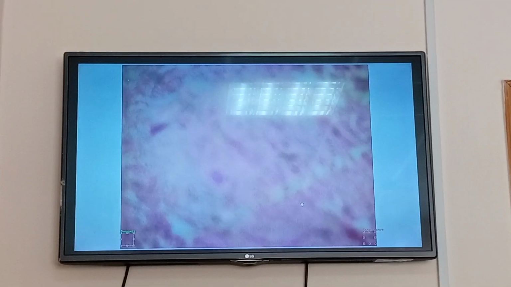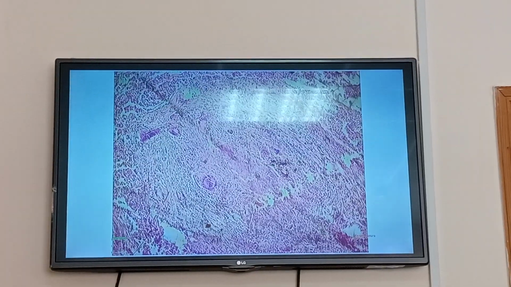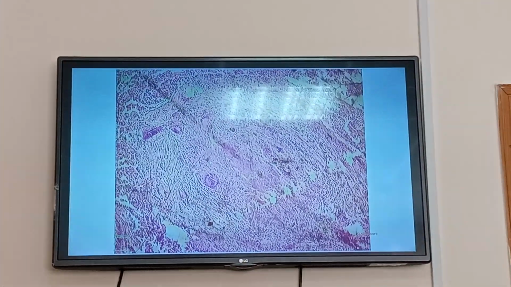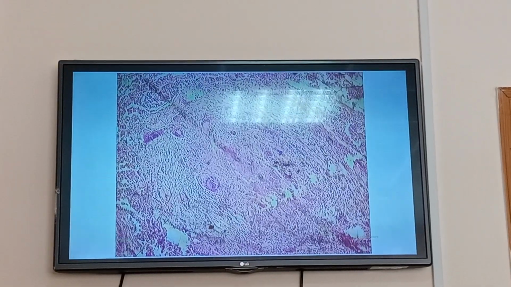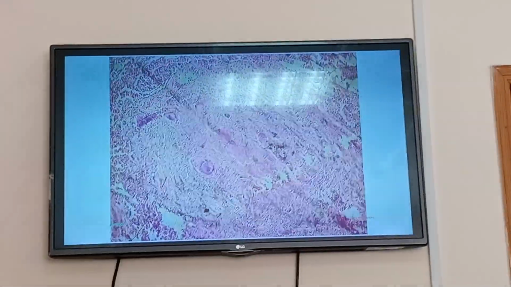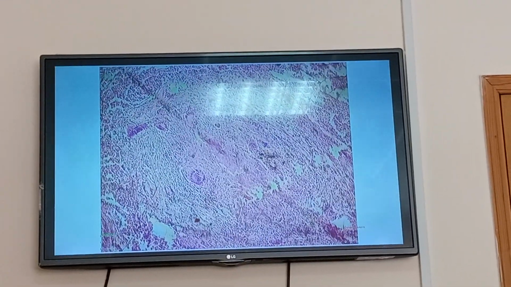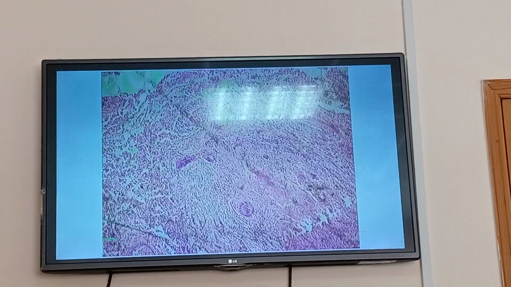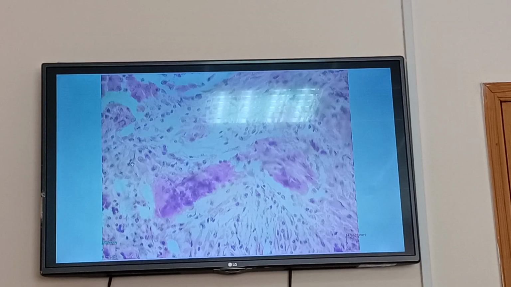Granuloma. In center is visible caseous necrosis, pinkish color, amorphous material. Then again, Langhans giant cell surrounded by epithelioid cells, lymphocytes, and this area shows us fibrosis. Which type of tuberculosis? Secondary tuberculosis.